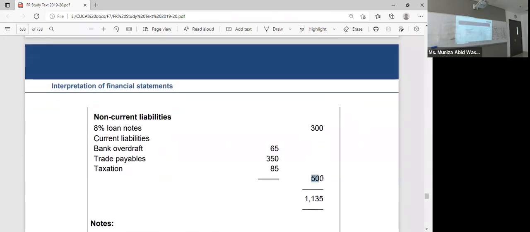Current liabilities are 500. The result is 0.53. Now see the position of the organization.